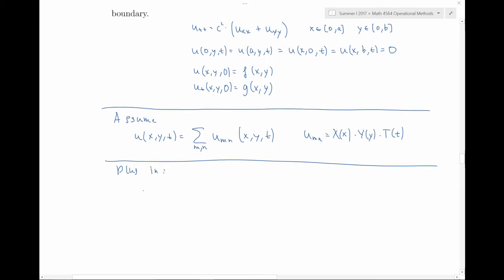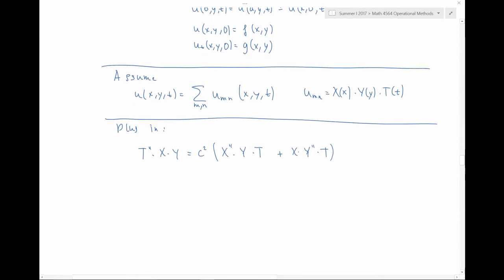Taking all of those derivatives, we get T double prime times X times Y should be equal to c squared times X double prime times Y times T plus X times Y double prime times T. Dividing everything, we get T double prime over c squared T should be equal to X double prime over X plus Y double prime over Y. Again, first, I'm going to single out x.